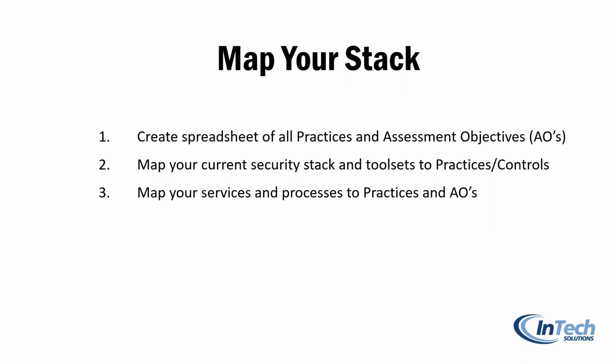Some of it's the stuff that you're doing. What are you doing? Creating user accounts, configuring computers, doing maintenance on the systems. What other processes do you have in place, like separating users? Map all of those things to the practices and AOs. And determine the gaps in the tools, practices, and documentation.